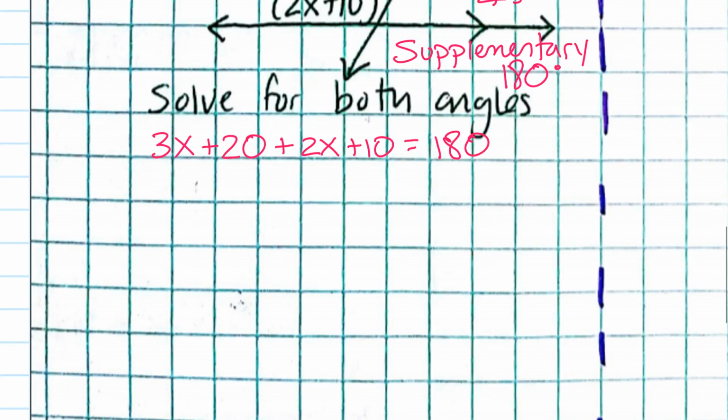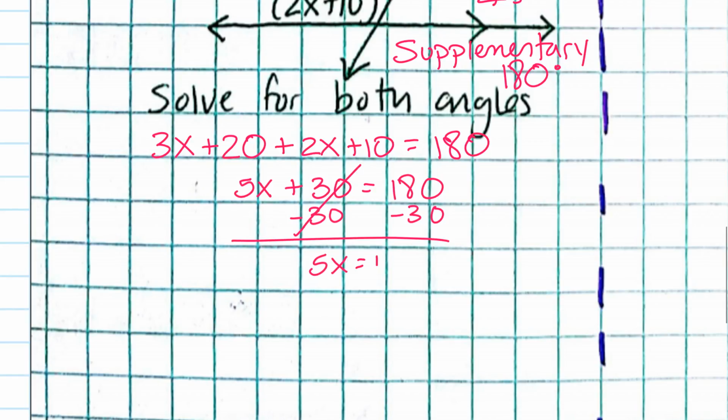So our like terms are 3x and 2x, which make 5x, and then 20 and 10 make 30, and then I subtract 30 from both sides, and 5x equals 150, and then I divide by 5, and what is x? 30. Good job. Yeah, this is just algebra.